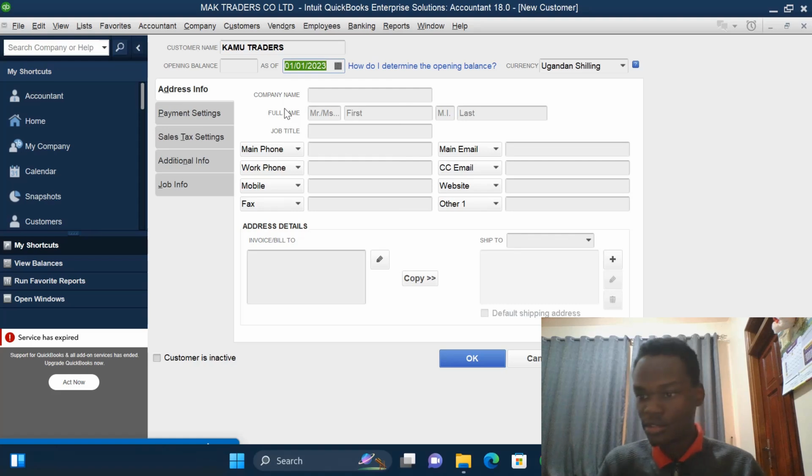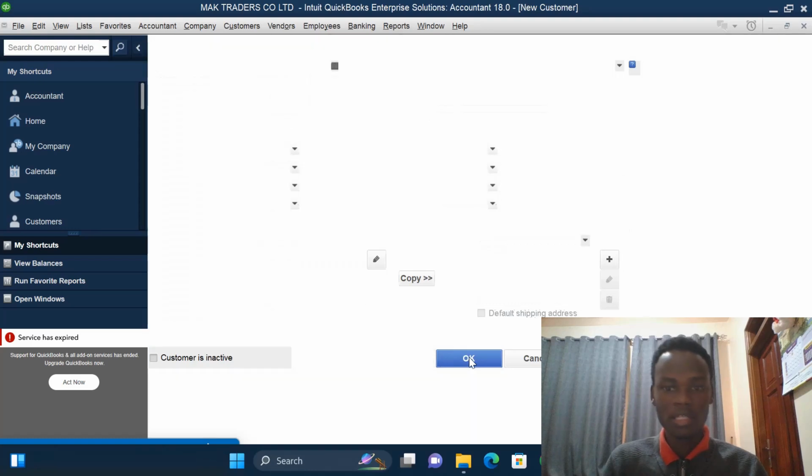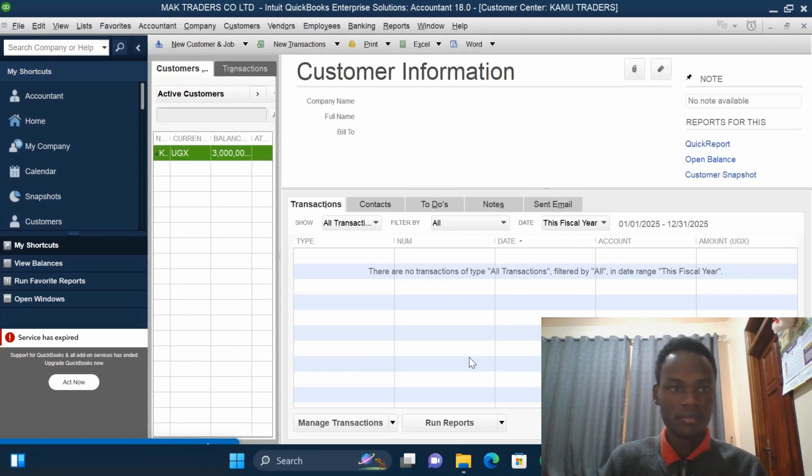Computerized, the opening balance is 3 million. Go ahead and click OK.